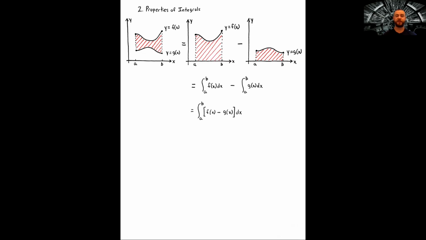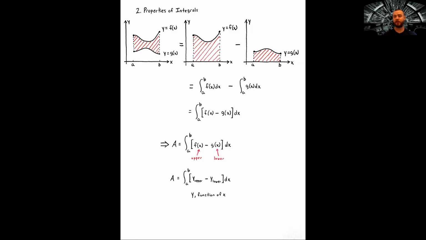If we apply properties of integrals, we can combine those two integrals into the single integral of the difference, f of x minus g of x. And notice that is the same formula that we arrived at a few minutes earlier. Different approach using properties of integrals versus approximation with rectangles from our first way.